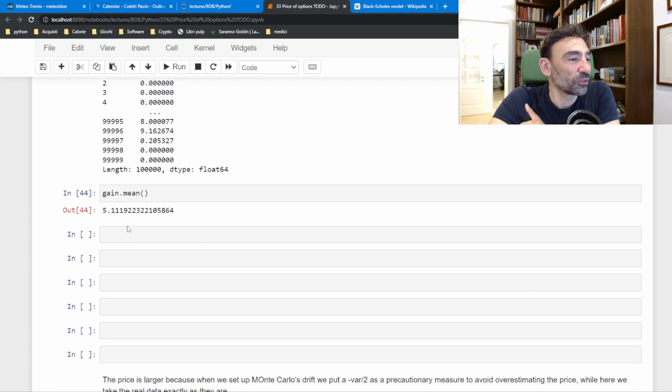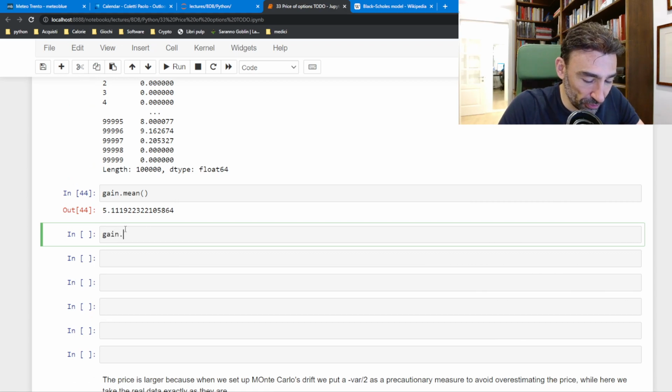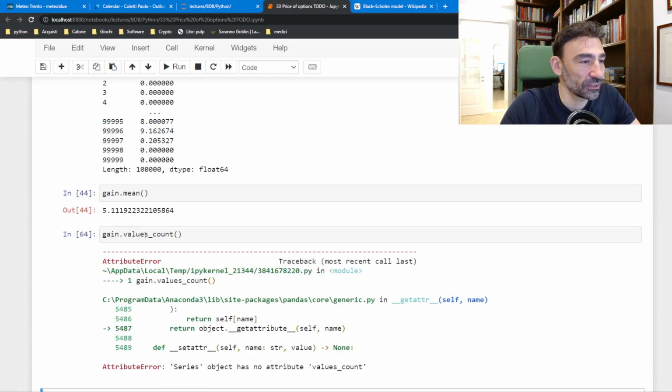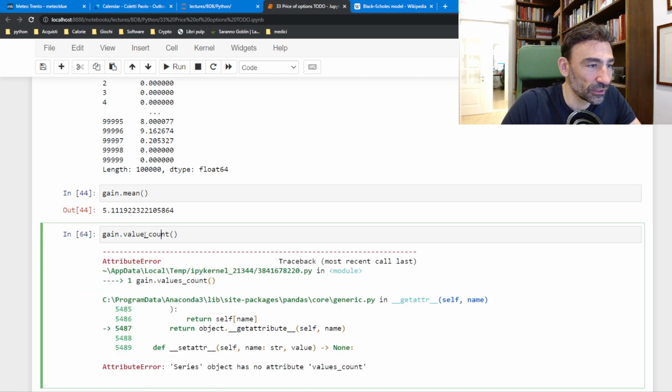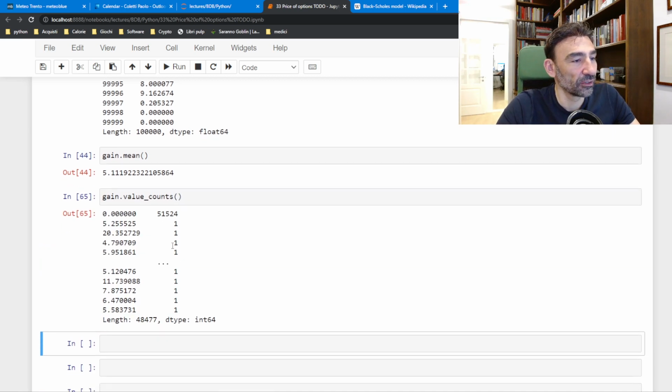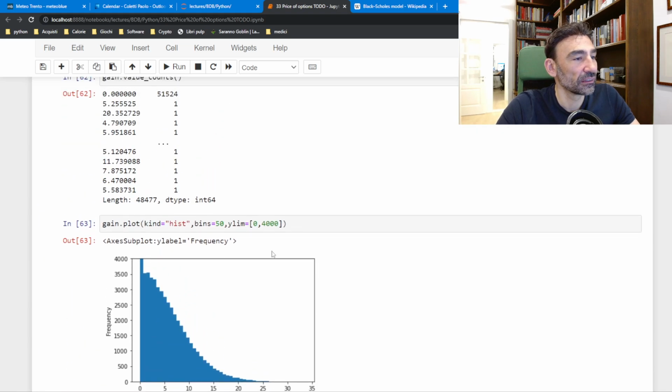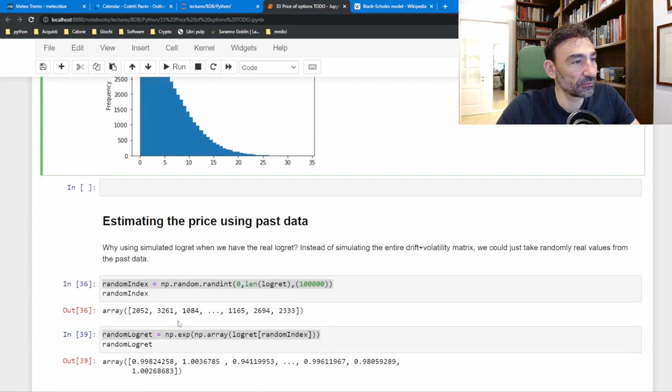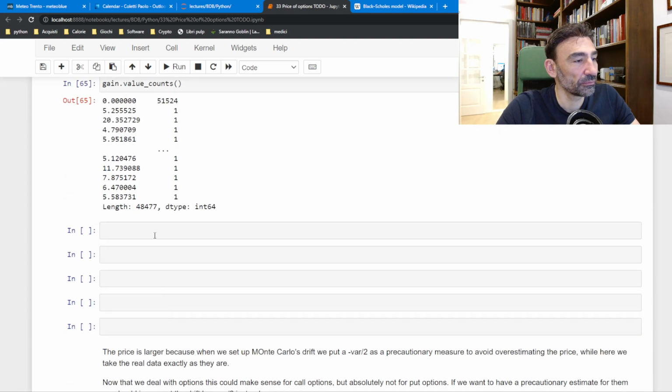So same thing as before. value_counts, as I told you. Okay, 51 times it goes below. Let's see the histogram.